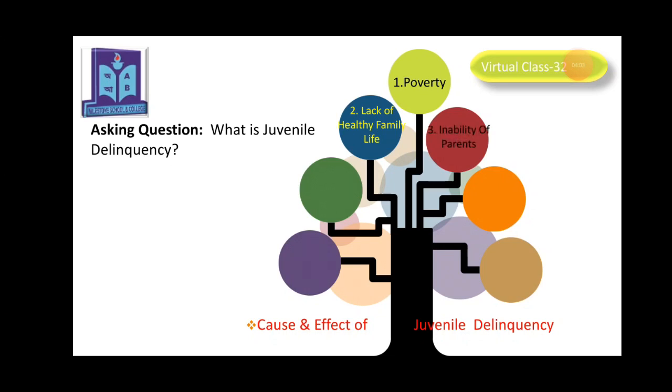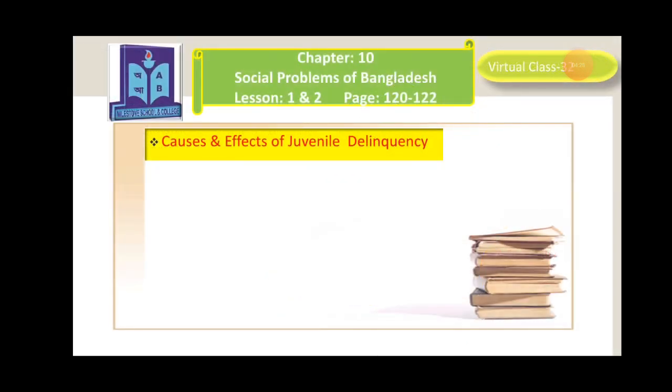Third one, inability of parents. Number 4, want of recreation. Number 5, slums environment. Number 6, physical and mental problem. And the last one is frequently changing of residence. So now I would like to discuss these topics one by one.